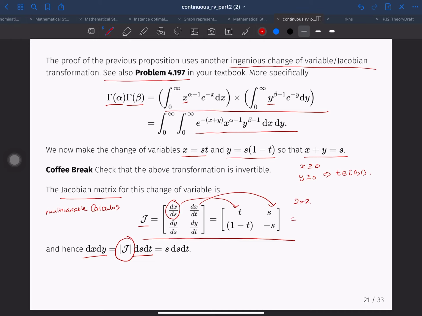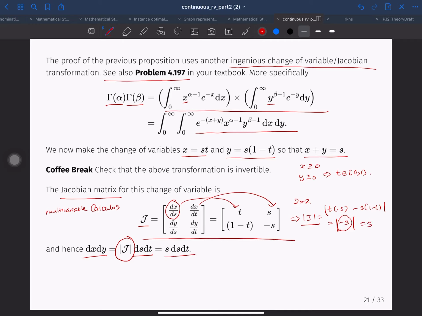The determinant is nothing more than t times (minus s) minus s(1 minus t). That should be the same as minus s. And since you're taking the absolute value, it's just the absolute value of minus s, which is s, ds dt.